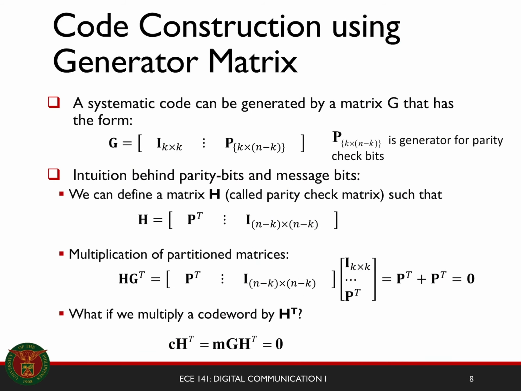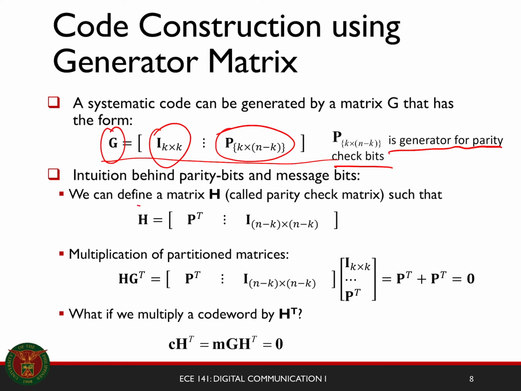Alright. To make a systematic code, your generator matrix should have the form right here. It should have an identity matrix and some P matrix, called the generator for parity check bits. From your generator G, you can make your matrix H. We call it the parity check matrix.